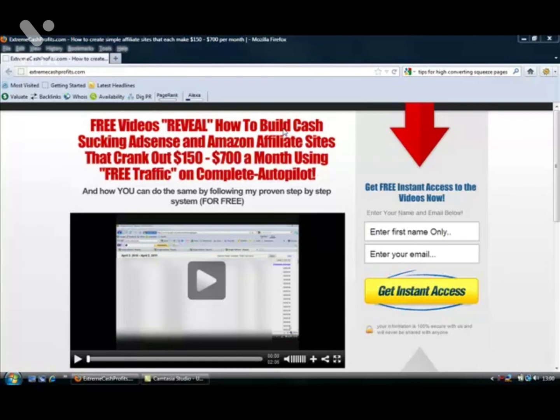I mean, I could have put how to make money with AdSense and Amazon affiliate sites, but that doesn't sound very good, does it? So I chose the words cash sucking because it basically improves conversions and it holds people to the page more, and this is exactly what you're trying to accomplish with a squeeze page.